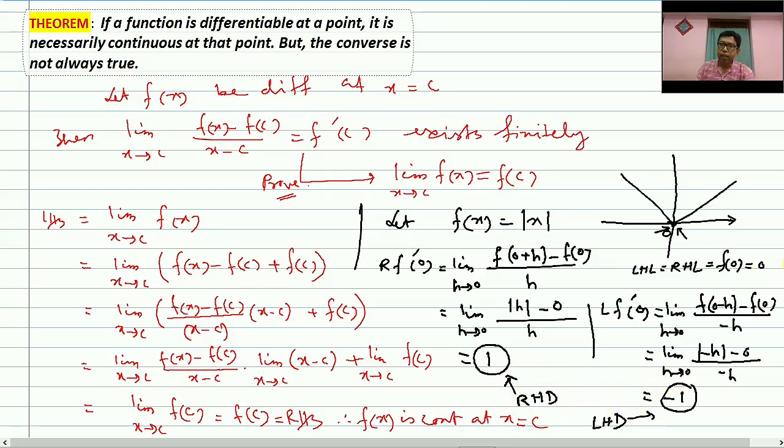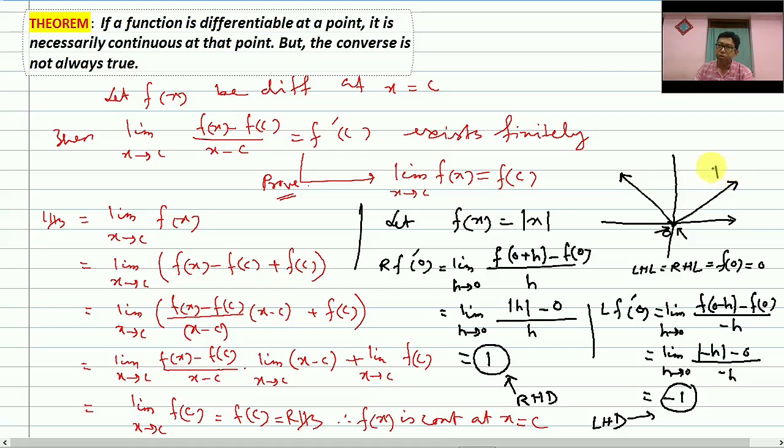On the other hand, since the point is x = 0, you are finding whether the function is continuous or differentiable at the point x = 0. You observe that the neighboring tangents at the point x = 0 will be this line and that line. What is this line?